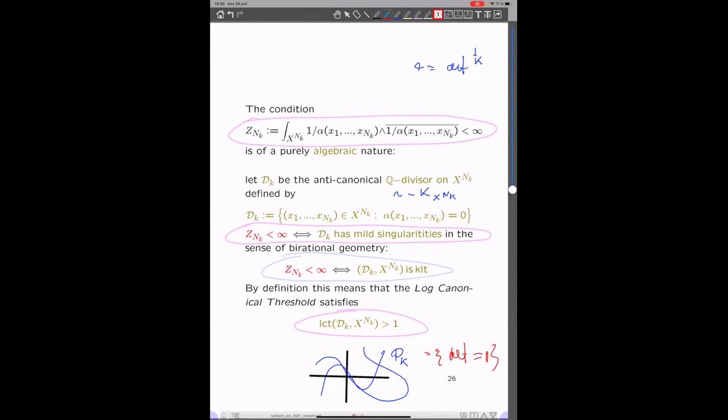So it defines a KLT divisor on X. If you have background in algebraic geometry, that means the log canonical threshold is strictly bigger than 1. I will not go into the algebraic definition. I'm just telling you that this analytic condition is equivalent to this algebraic condition.